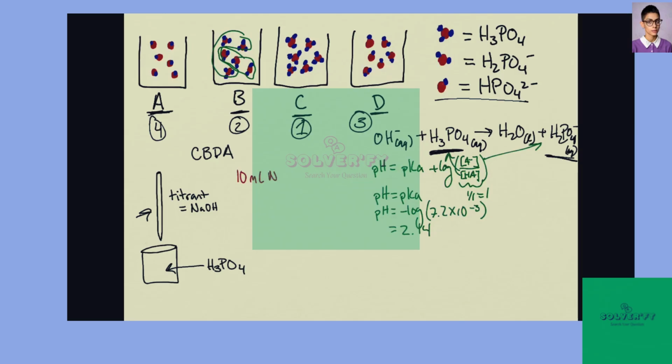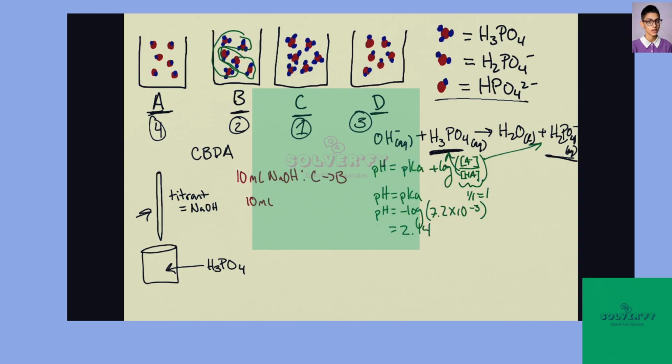Now if we need 10 milliliters of NaOH to get from scene C to B, then that means we need 10 milliliters of NaOH to pull off 1 hydrogen from half of the phosphoric acid molecules. So to convert the remaining molecules of H3PO4 to H2PO4-, that'll be another 10 milliliters of NaOH.